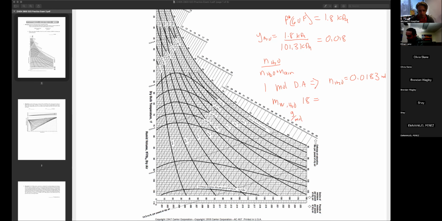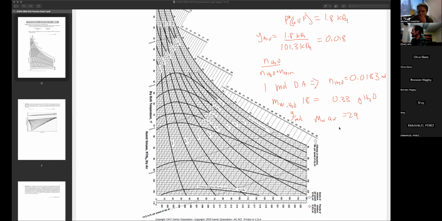So that's 0.0183 times 18, which is 0.33 grams of water. Molecular weight of air is 29.